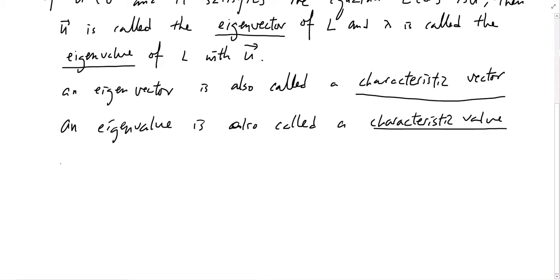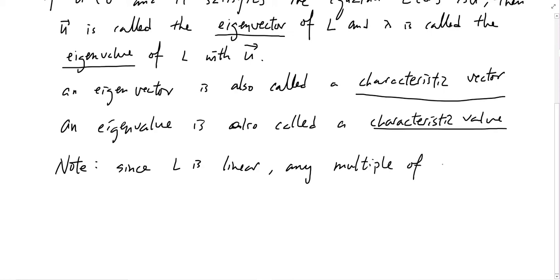Now, one thing I do want to point out is the following. Since L is linear, any multiple of vector u will have the same exact eigenvalue. Remember, eigenvalue and eigenvector go together.